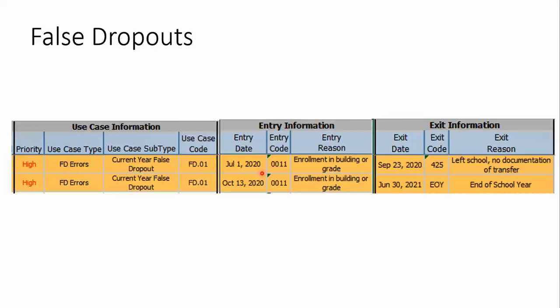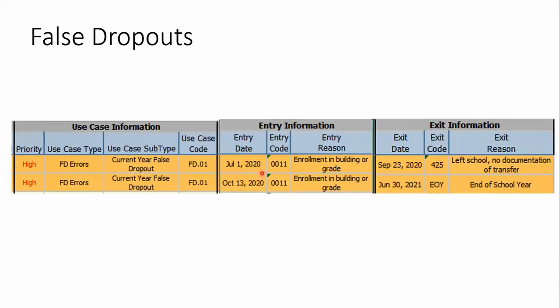And when the student returns, you may be able to obtain additional information. For example, if this student did not attend school elsewhere during the time from the September 23rd exit date with the dropout code to the October 13th re-enrollment date, then the records are accurate as reported, okay?